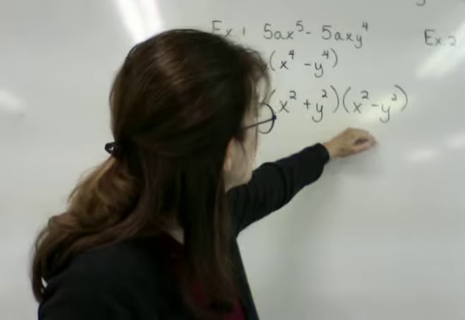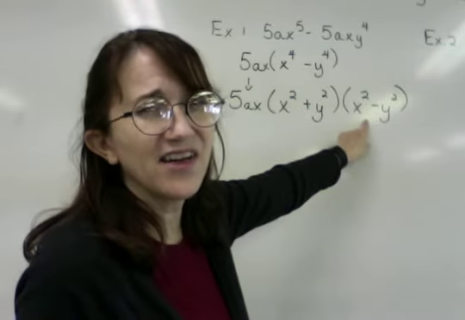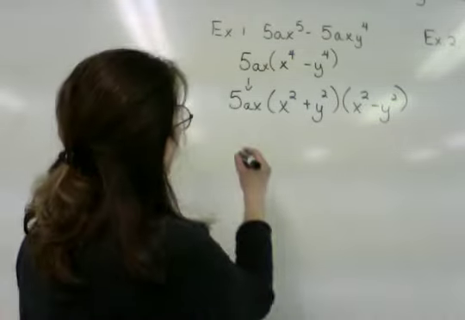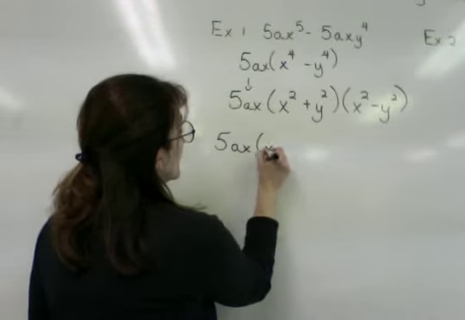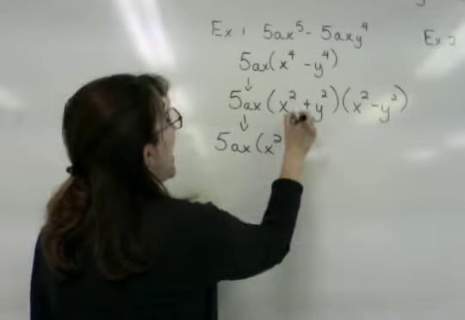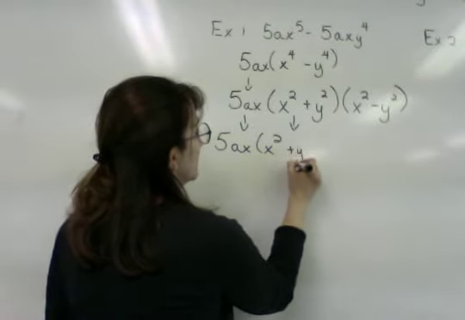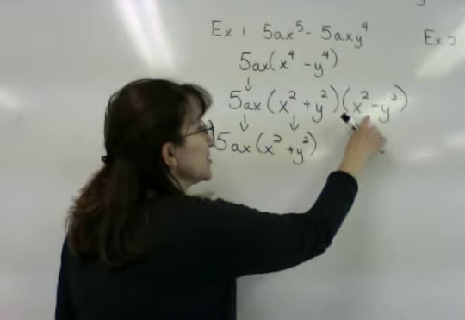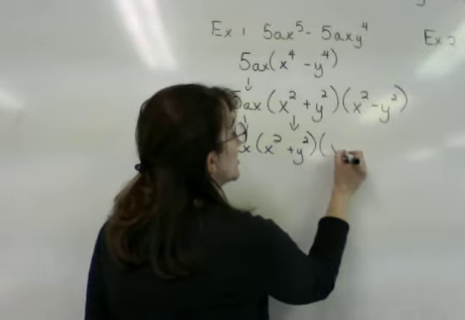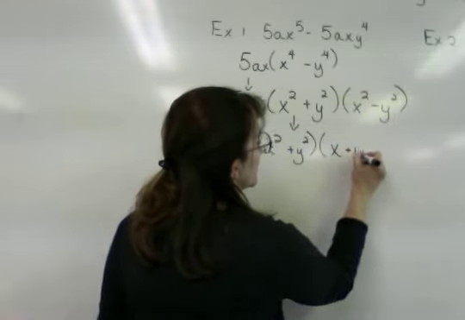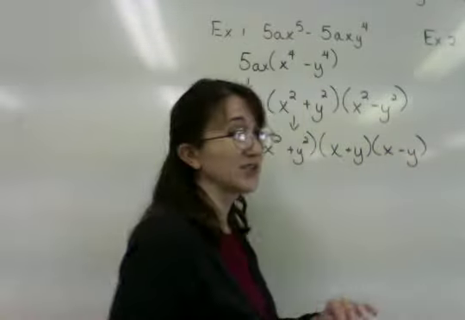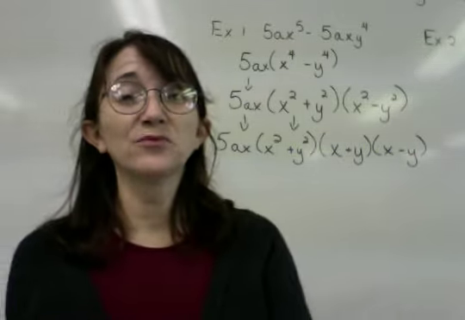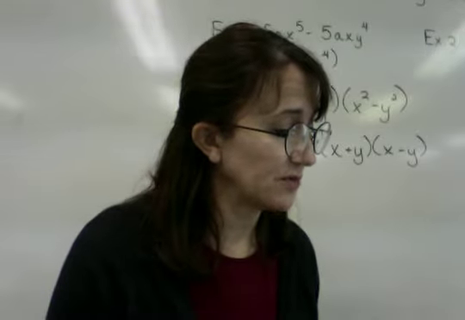We broke it down into 2. Another difference of squares. So I have to bring down everything that I can't break down, which is now this and this. And this is going to break down into that regular pattern of difference of squares that we learned yesterday. And technically we learned it the day before as well.